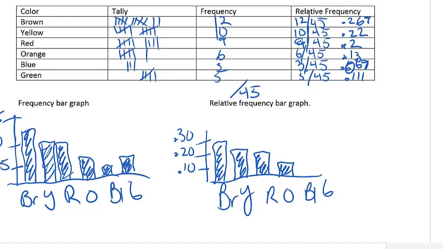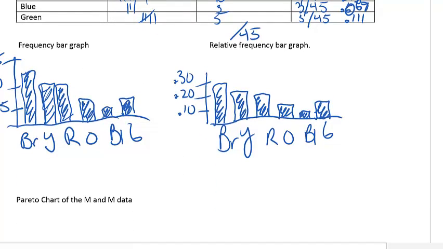Blue is 0.07. And then green is 0.1. Okay, so notice it's essentially the same bar graph. The only difference is the height labels for the particular bars.